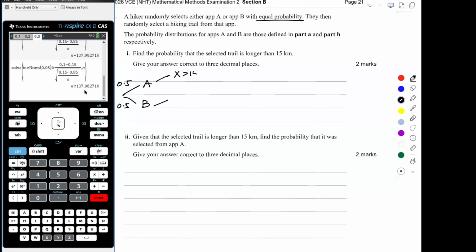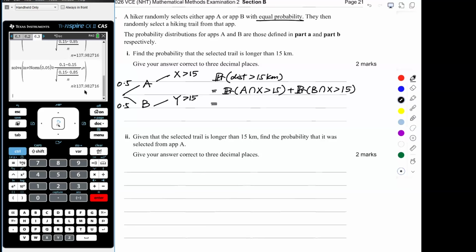For app B, we have the letter Y for the normal distribution longer than 15, okay? So we would like to have the probability of distance longer than 15 kilometers. This is equal to the probability of A intersecting X longer than 15 plus the probability of B intersecting Y longer than 15.